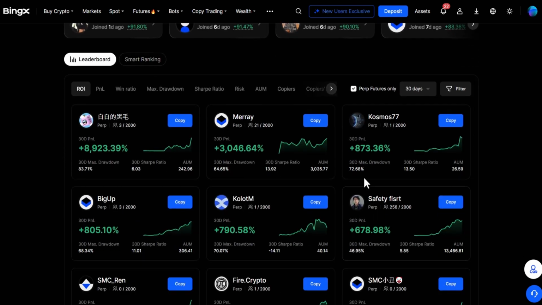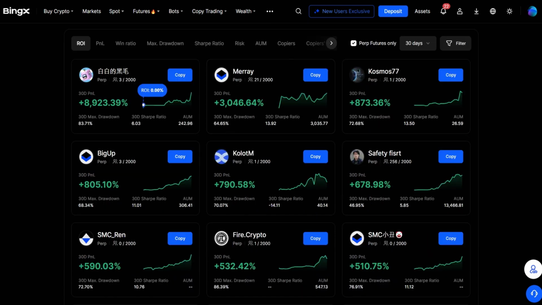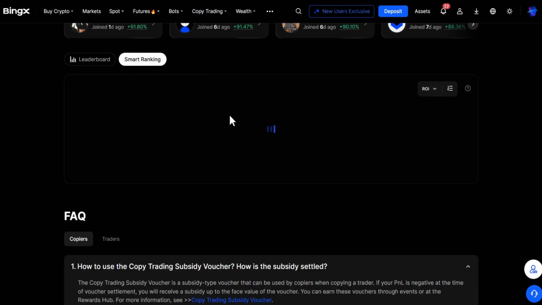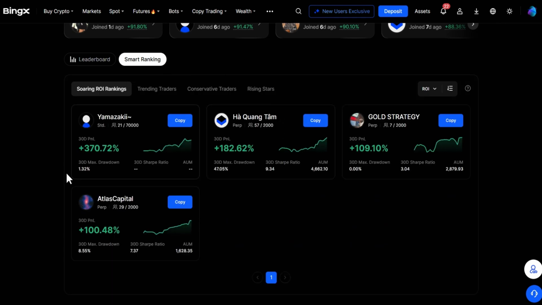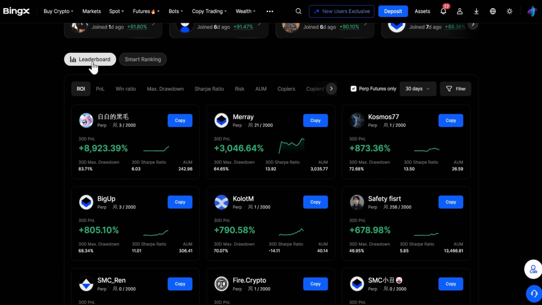Then you have the leaderboard, which is where you'll spend most of your time. This is where you can see all the top performing traders ranked by different metrics. And finally, you've got smart ranking, which uses BingX's algorithm to categorize traders based on specific performance patterns. Let's dive into the leaderboard first, because this is where you'll find the traders you want to copy.